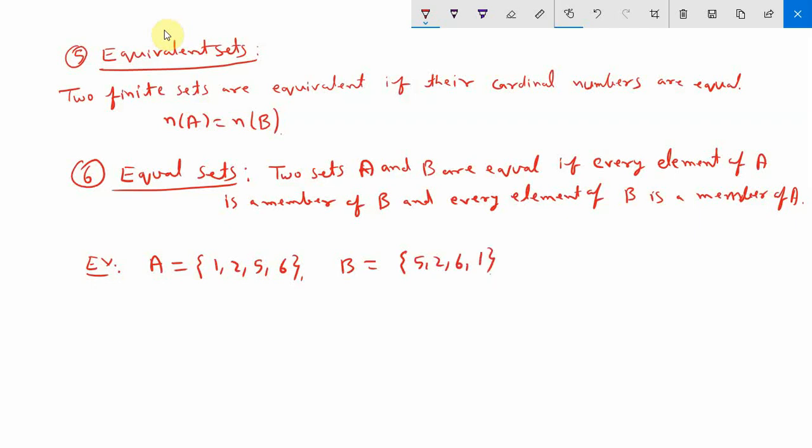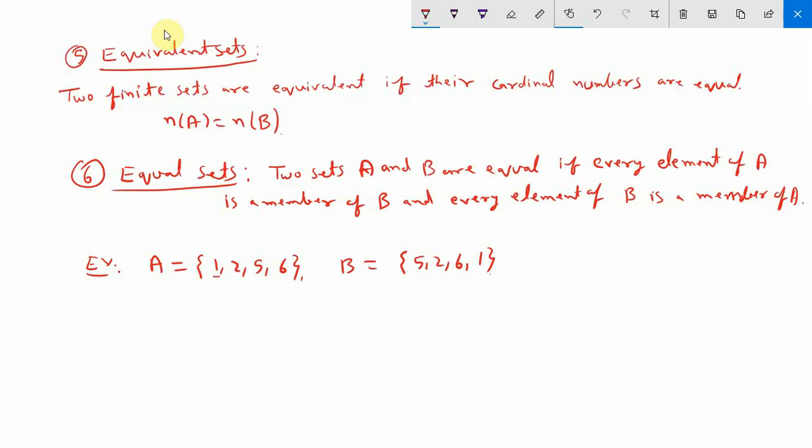We can notice that element 1 is in A and also in B. 2 is in A and also in B. 5 is in A and also in B. So all the elements of A are in B, and all the elements of B are in A, and none of the elements in A is not in B. Okay, friends?